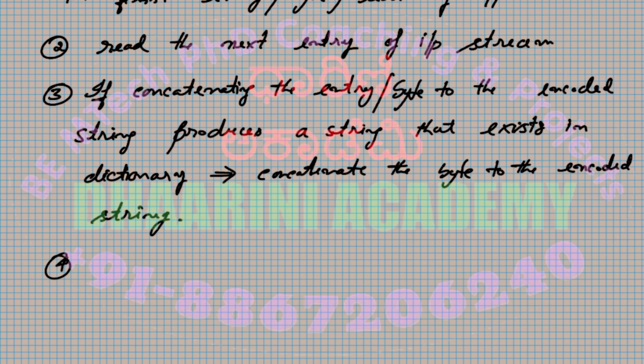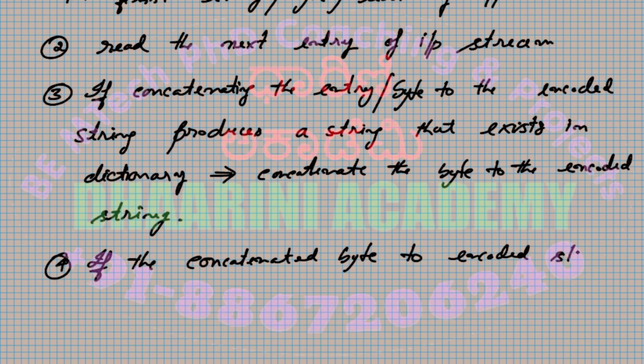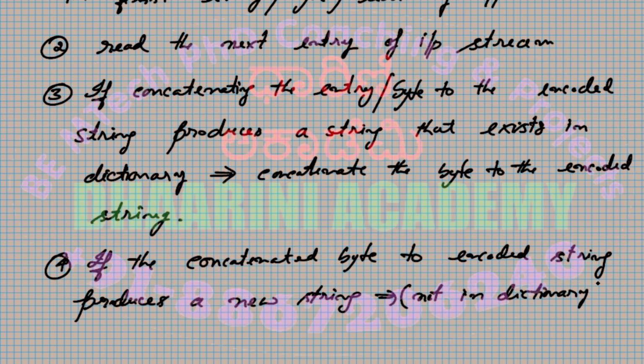In step number 4, if the concatenated letter or byte to the encoded string produces a string which is not in the dictionary, a new string, that means it is not in the dictionary, then we do the following steps.